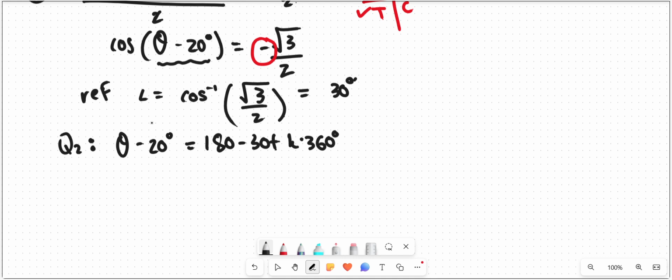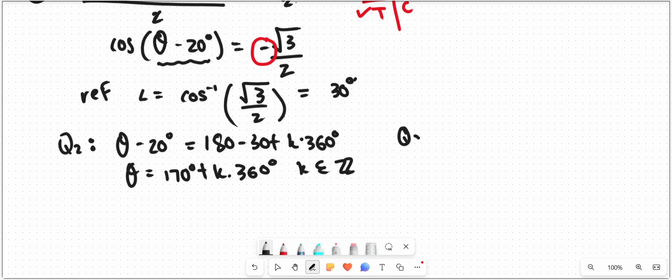So you need to make sure that this guy here is equal to 180 minus your reference angle. And then in this case, you just bring the 20 degrees to the other side, and 180 minus 30 plus 20 degrees will give me 170 plus K360, where K is an element of integers. That's the one that is in quad 2.